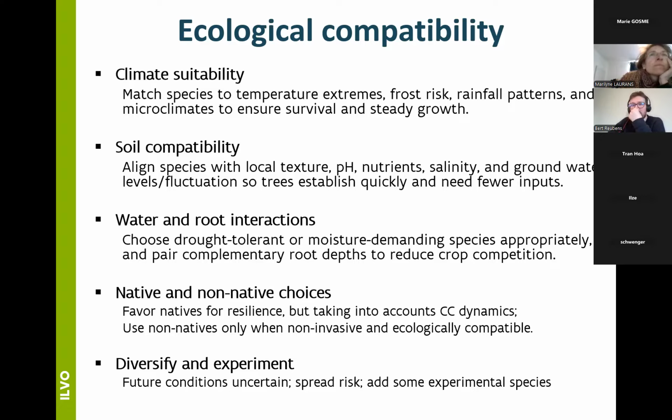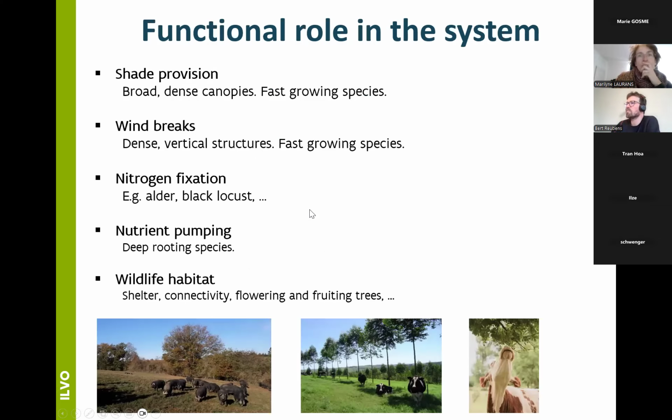Again, since future conditions are somehow uncertain and you want to reduce the risk or at least spread the risk, it can be interesting to diversify a bit tree species choice, variety choice, and maybe add some experimental species just to see how they perform and to spread the risk.